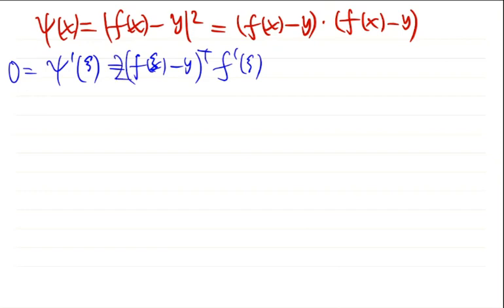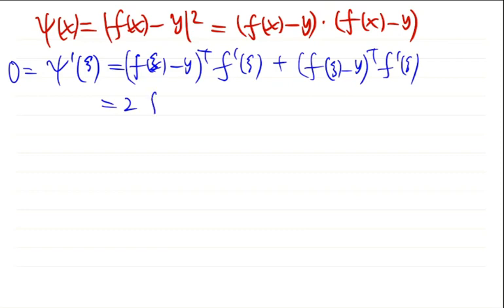Okay. Because the other term is also f C minus y transpose f prime C. Therefore, this is 2 f C minus y transpose f prime C. Okay. The derivative of Psi at the point C is given by this formula.